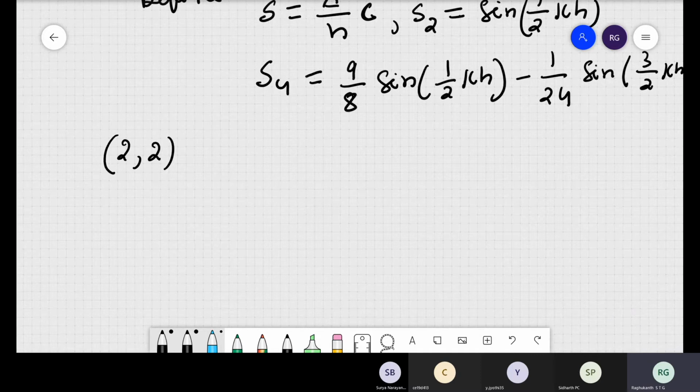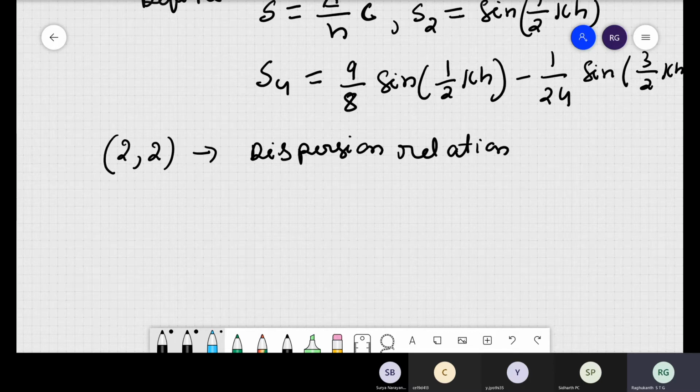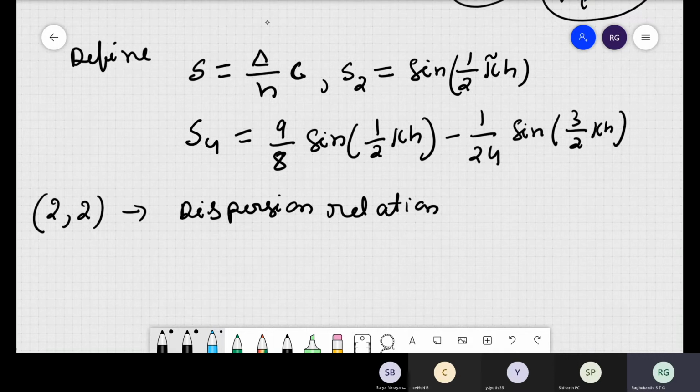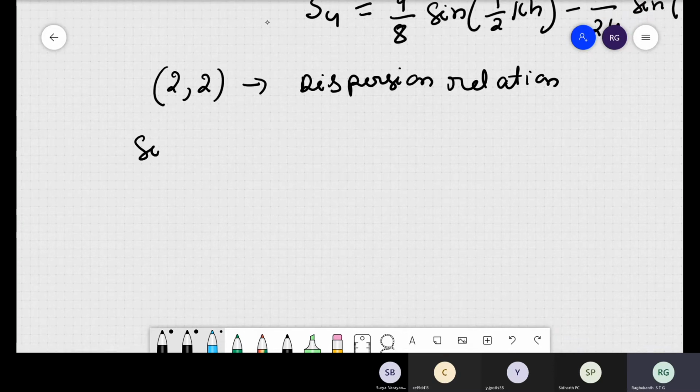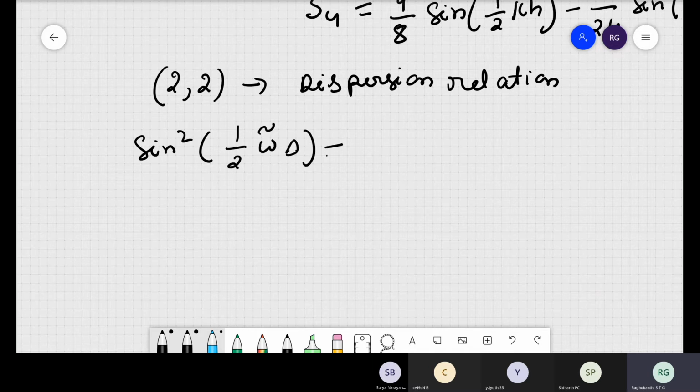For the 2,2 scheme, that is our central difference equation, you can write the dispersion relations also. Of course, as I already told you, there is a chance that this can be imaginary also, for a physical wavelength. You remember we discussed this in great detail last time. The dispersion relation for the 2,2 scheme is sine square half omega hat into delta equals s square into s2 square.